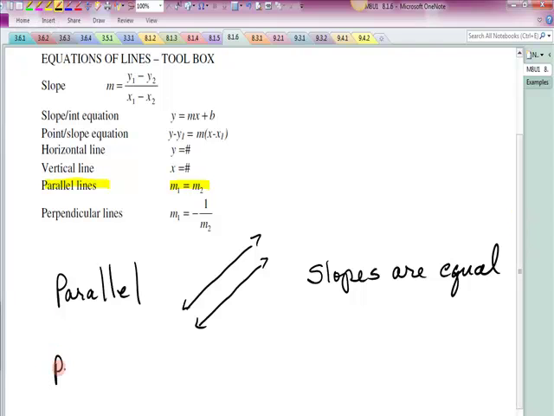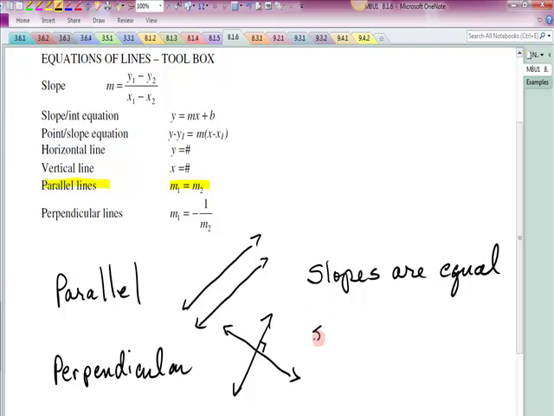All right, perpendicular lines are lines that intersect each other at right angles. So if one of them looks like this, the other one will look like this, and all of the angles in the intersection are right angles.